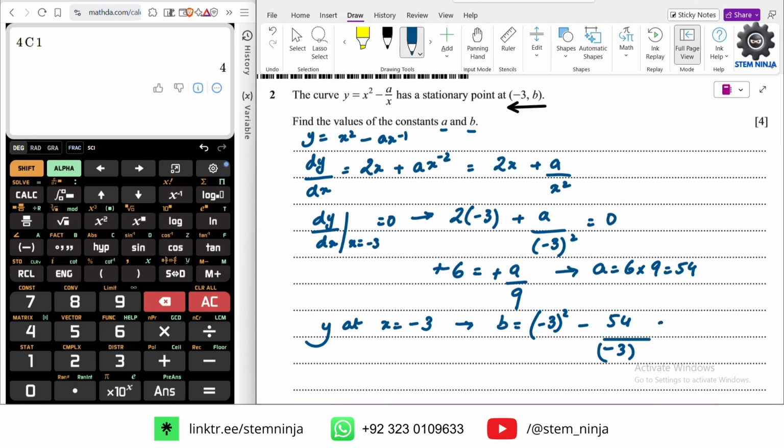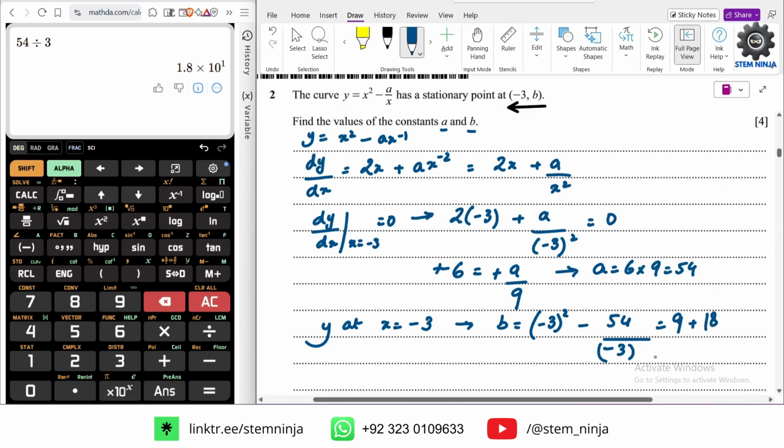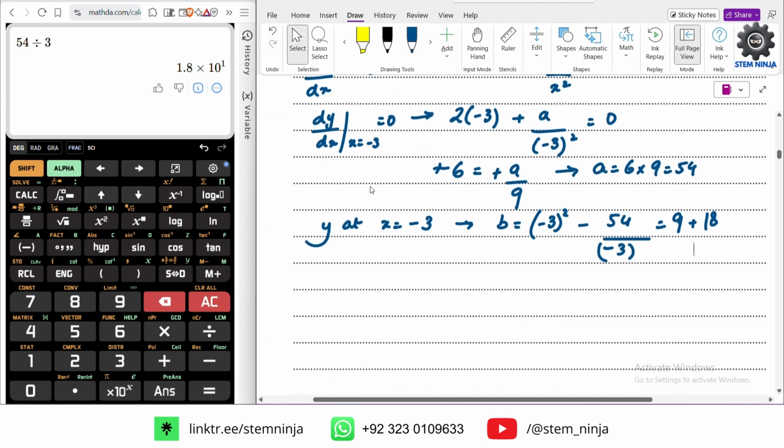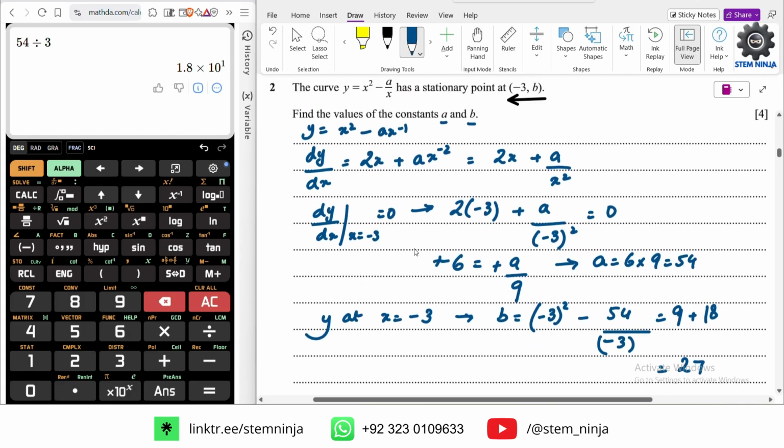So this would become 9 plus 54 divided by 3, which is 18. So 9 plus 18, 27. And that's it for this question.